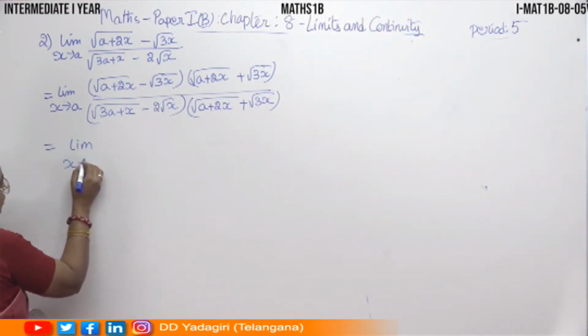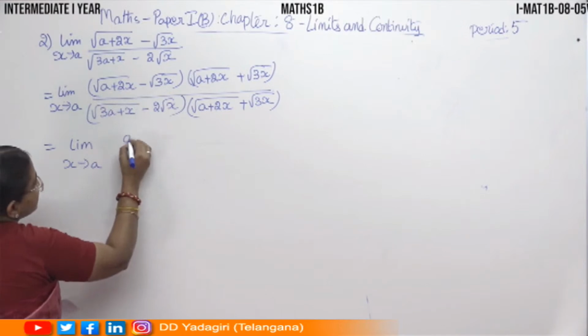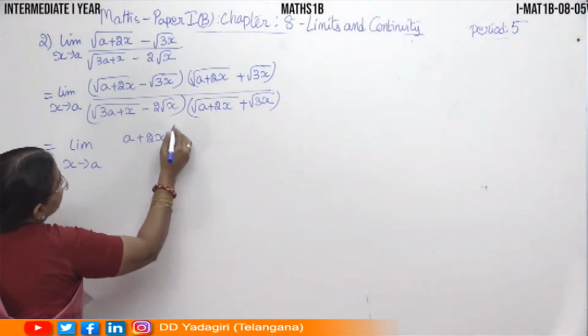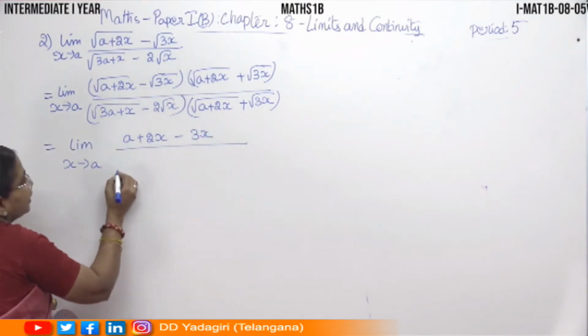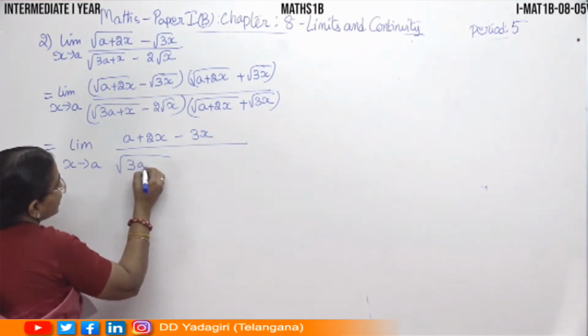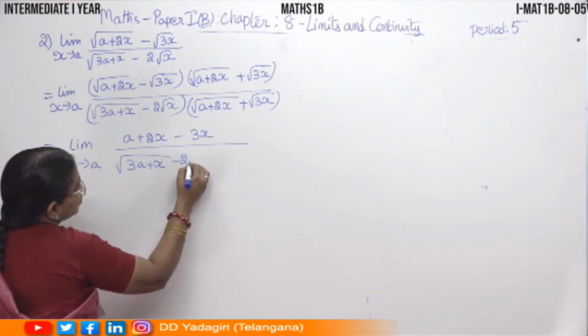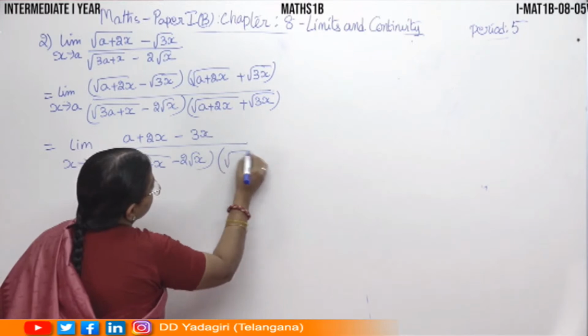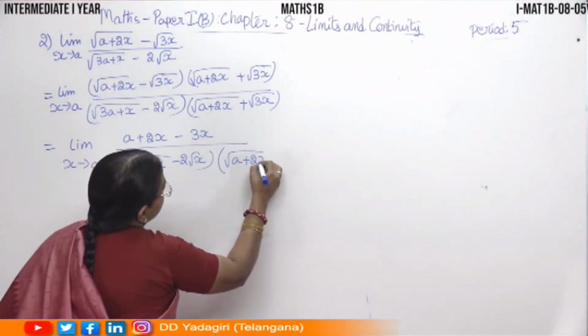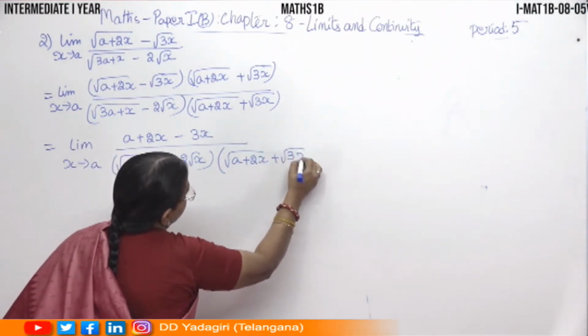So limit x tending to a of, a square means a plus 2x, minus b square means minus 3x, by root of 3a plus x minus 2 root x. This will be there as it is, root of a plus 2x plus root 3x.